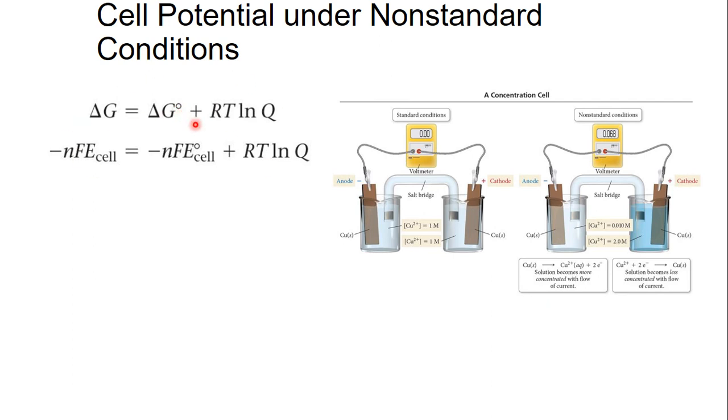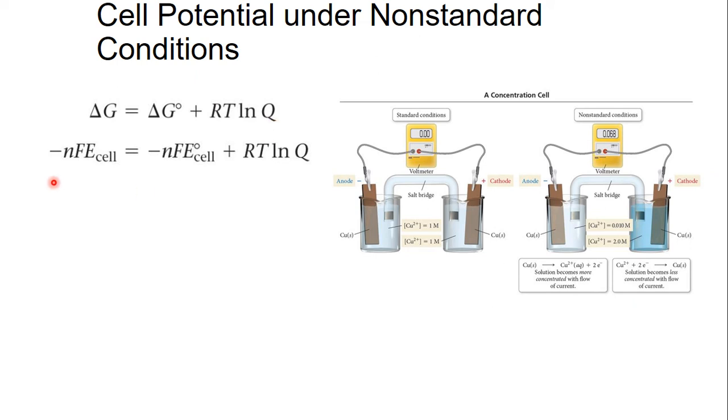The naught, or the circle, is saying the Gibbs free energy at standard conditions, or the E cell at standard conditions. To switch between these for free energy, it will just be delta G equals delta G naught plus RT ln Q. Remember, Q is related to K. It's your equilibrium constant at any point that's not equilibrium; reaction quotient is what Q actually stands for.